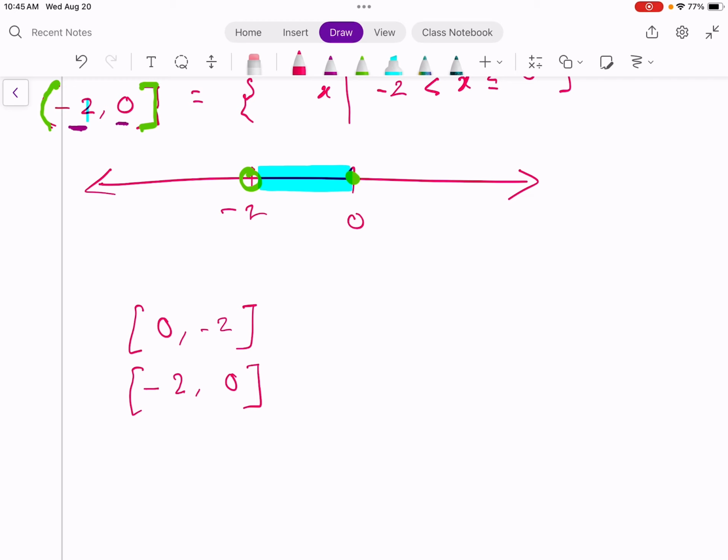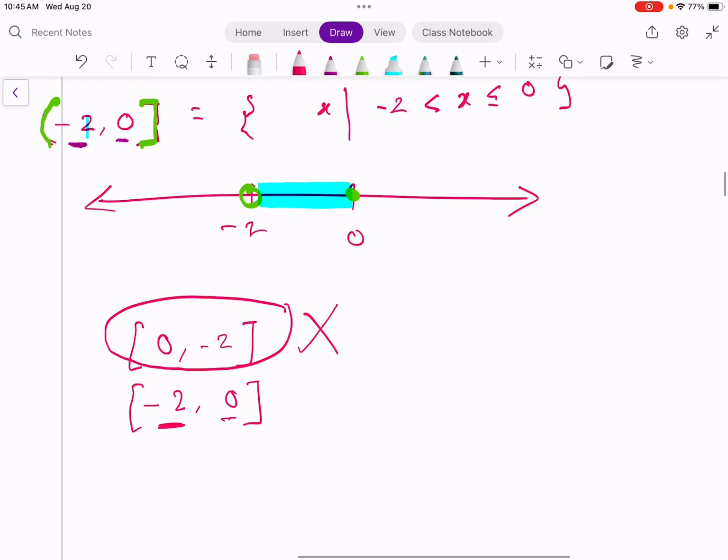So whenever you are writing an interval, make sure to have a small number on the left and big number on the right. If you write your interval the other way, this is not correct because it's an empty set. So make sure always a small number on the left and big number on the right.